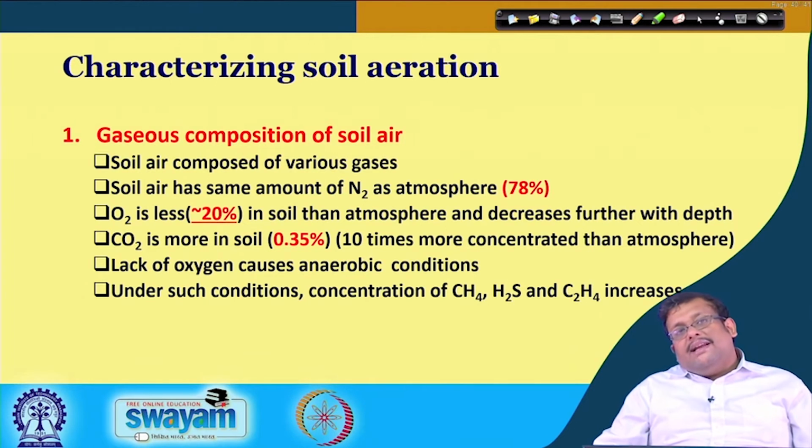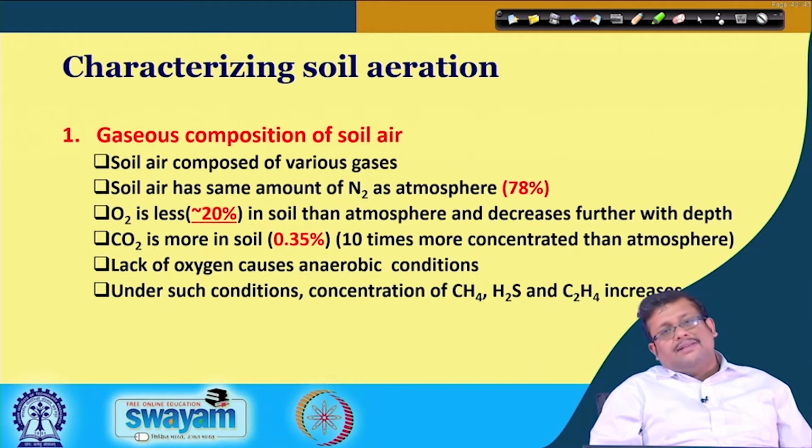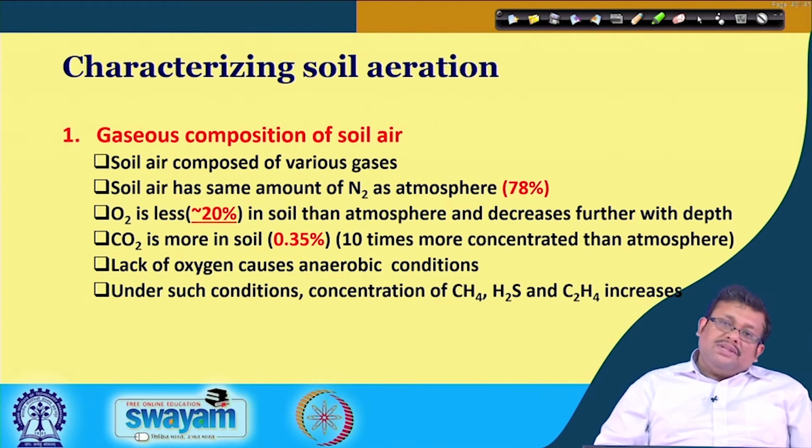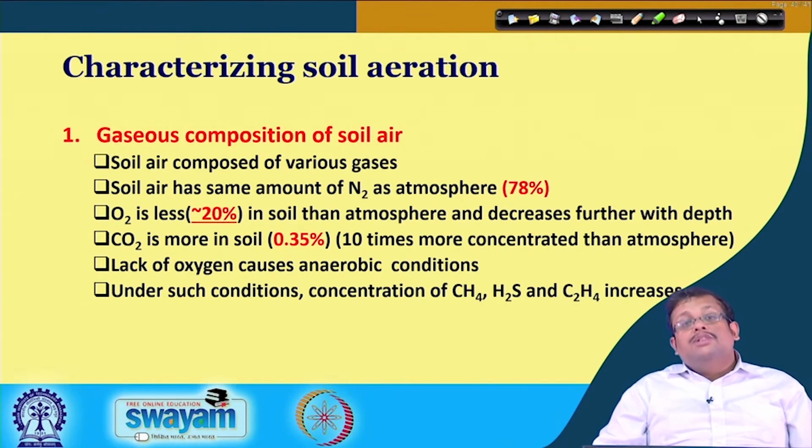Oxygen is somewhat less, generally less than 20% or almost 20% in soil, while in the atmosphere it is around 21%. As a result, the partial pressure of oxygen in atmospheric air is higher than in soil air, and carbon dioxide is more in soil. Remember that this is the major difference between soil air and atmospheric air.